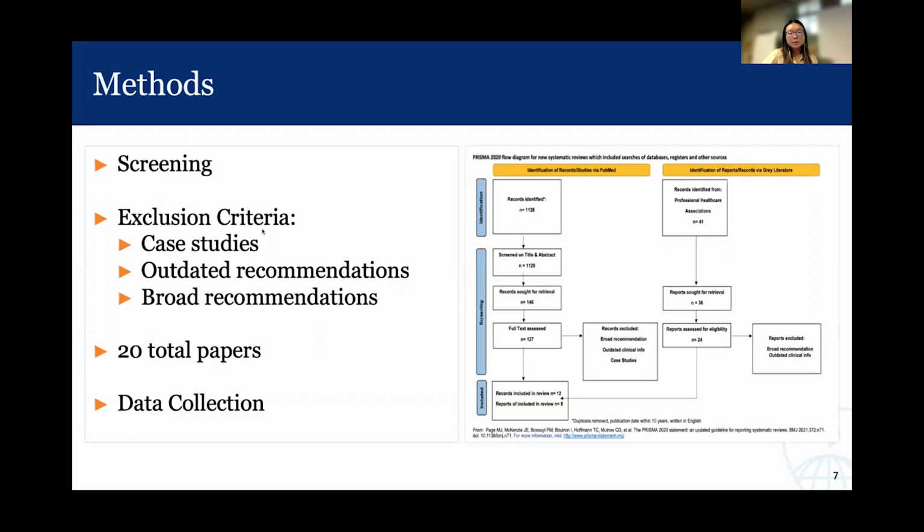Further screening took place with a detailed review of the body of the paper to ensure that all case studies were removed, papers with broad recommendations were removed, and papers published within the last 10 years but with outdated guidelines were removed. This resulted in 20 papers from both PubMed and the gray literature together, and then data was collected about key details on the high-risk pregnancy condition and the breastfeeding guidelines.